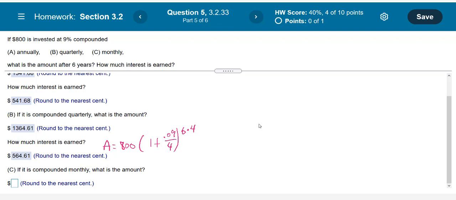So finally, we want to do the same calculation, but compounded monthly. So our formula for compound interest, with the values substituted in, here's the 9%, monthly would be a 12, and here's the 6 years monthly.